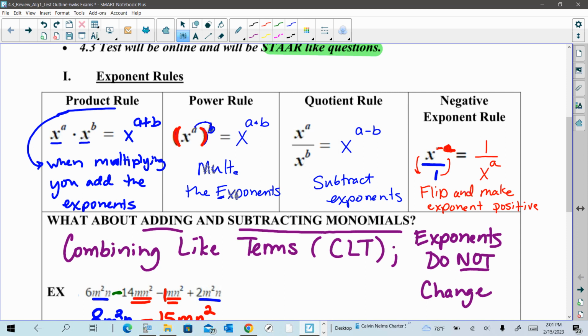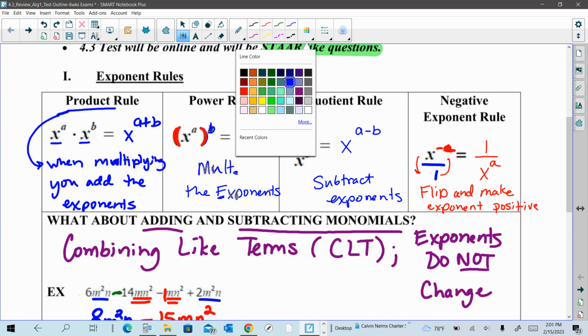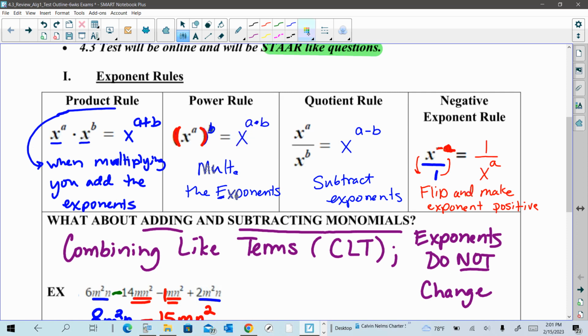Our power rule, we know it's the power because I see parentheses and I have an exponent outside the parentheses. So we're distributing that exponent in, and that means our rule will be x to the a times b. We multiply the exponents together. And quotient is anytime I have some type of division. This fraction bar is like a division bar. If I'm dividing exponents with the same base, we subtract the exponents.